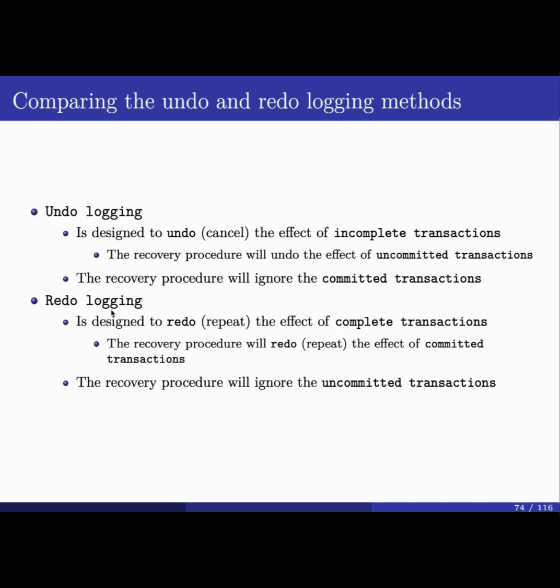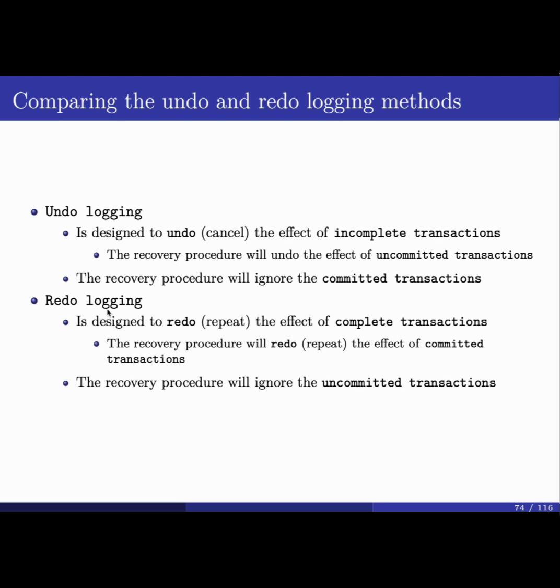Redo logging is different. It is designed only to redo, to repeat, to do again whatever the effect or update made by the completed transactions. So for undo, the recovery procedure ignores all the log entries that belong to the committed transactions. Here, the recovery procedure will ignore the uncommitted transactions or their log entries.